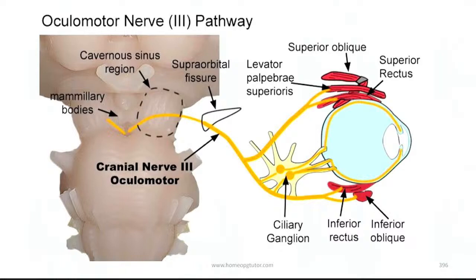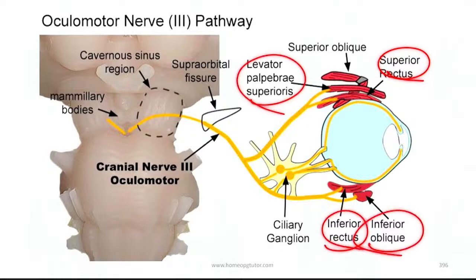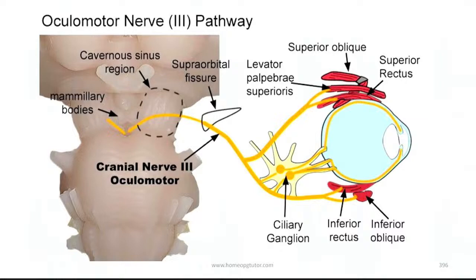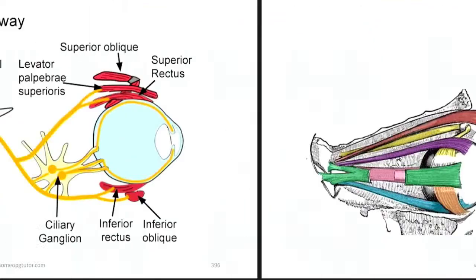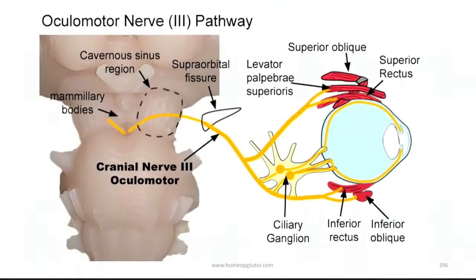So remember all those things. It supplies the superior rectus, levator palpebrae superioris, inferior oblique and inferior rectus, and it also gives off preganglionic parasympathetic fibers to the ciliary ganglion, that later on is responsible for the constriction of the pupil via parasympathetic stimulation.